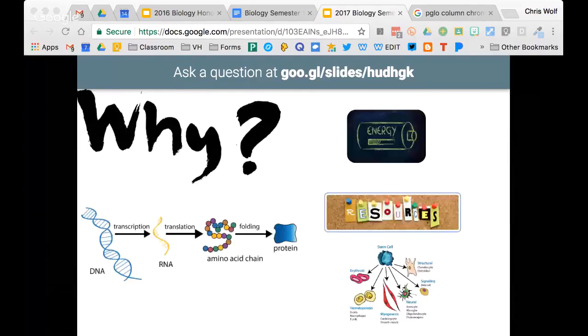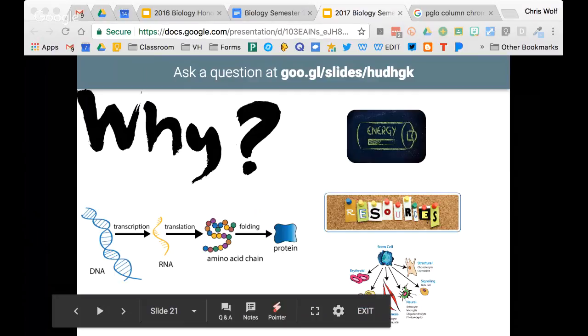So next slide, I have, why do cells control gene expression? Why are these mechanisms in place? Well, a couple of reasons. So it goes back to the idea of protein synthesis, central dogma. DNA codes for RNA, codes for the order of amino acids, which fold and make a protein. This costs the cell energy.